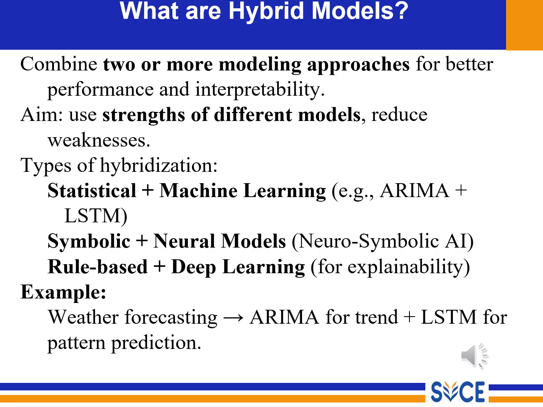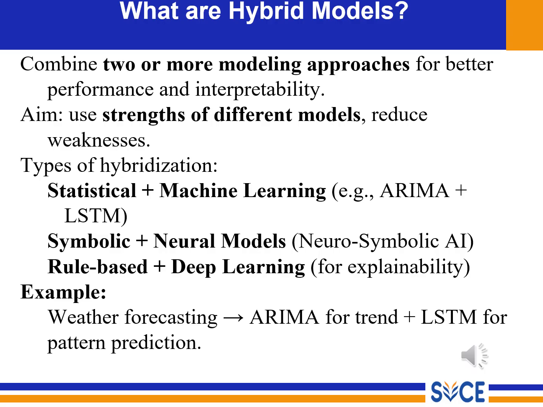So what are the types of hybridization? These are the different ways to combine models. The first one is statistical and machine learning models, for example ARIMA and LSTM. ARIMA is a statistical model and LSTM is a deep learning model. ARIMA is good at trends and linear patterns.